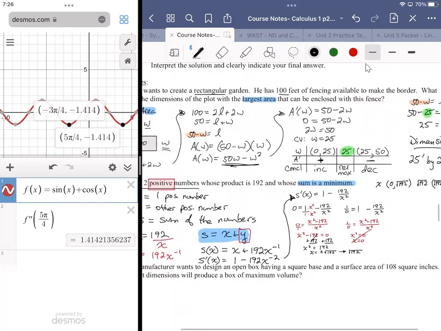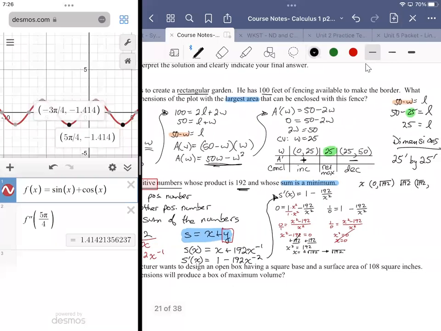All right. So the product has to be 192. So they're positive numbers. I mean, I suppose that it's possible that I can multiply 2 positive numbers and get 192, and one of those numbers would be 192. 192 times 1 will do the trick. All right.